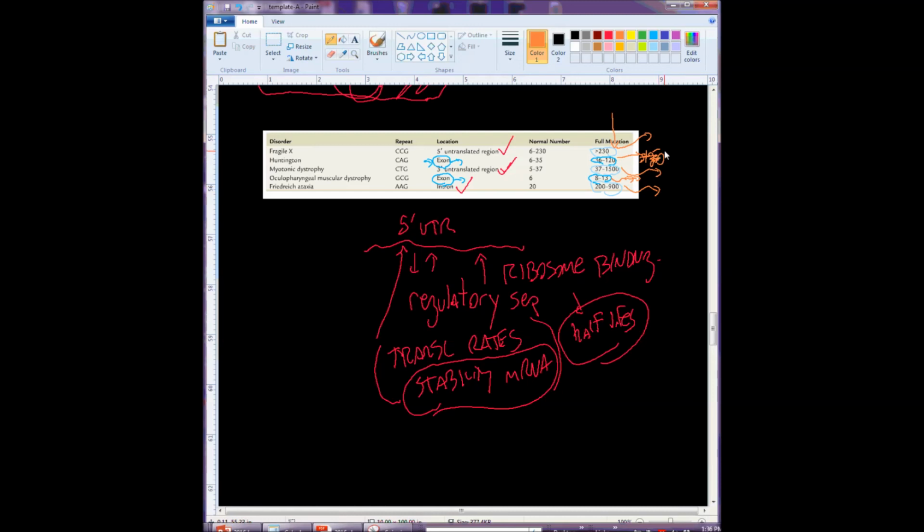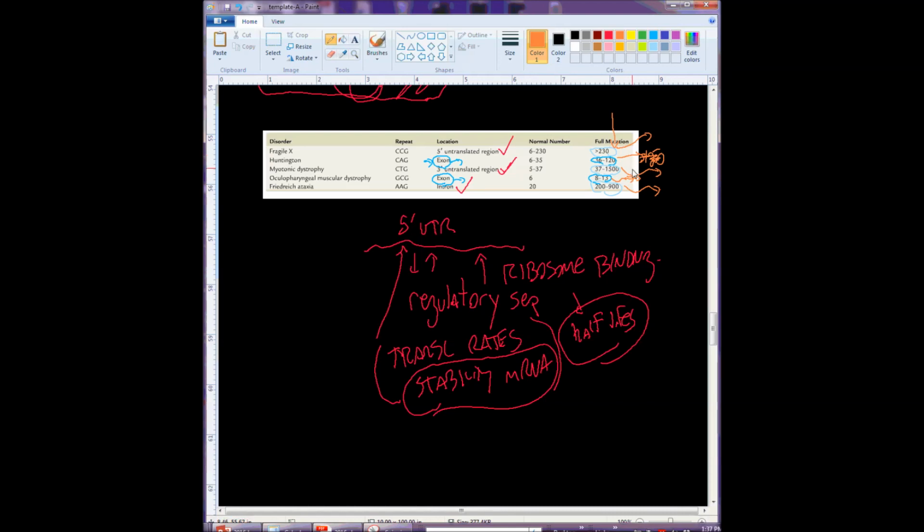So they're still partly functional, even with the longer repeats, because those aren't involved in coding regions. And because they're not involved with coding, they're less important than the coding regions of Huntington and oculopharyngeal muscular dystrophy. Too hard to say.